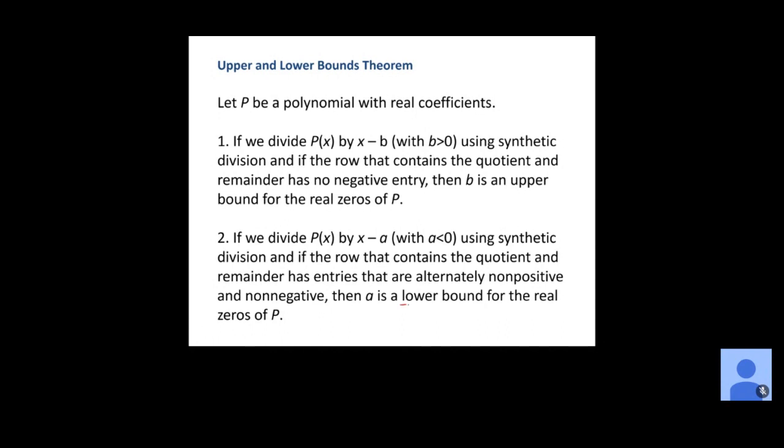We said right here, we can show that it's a lower bound if we are alternating between non-positive and non-negative numbers along that last line.